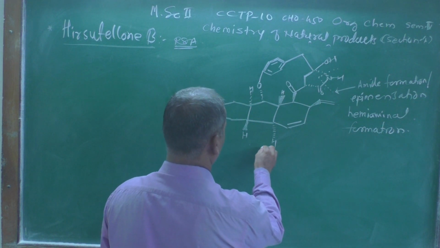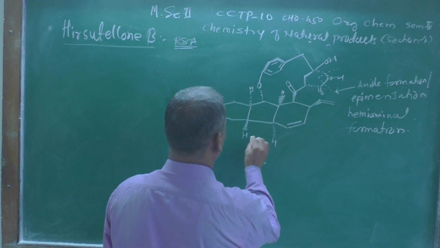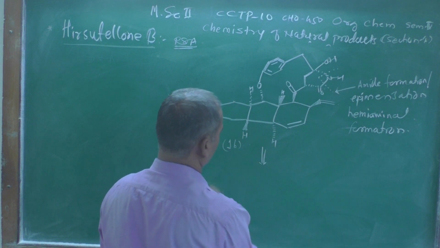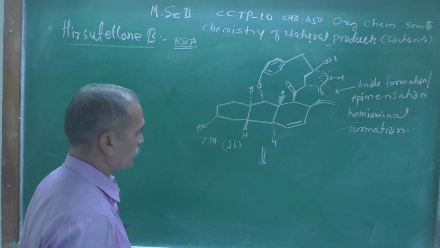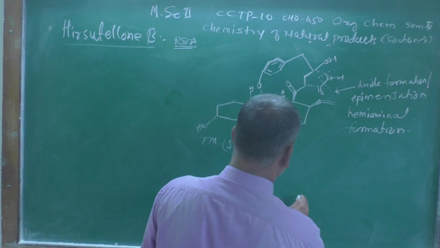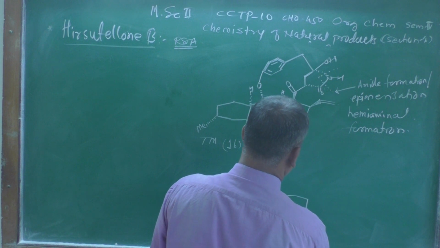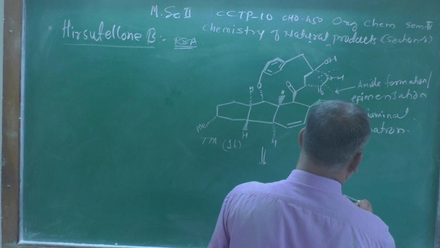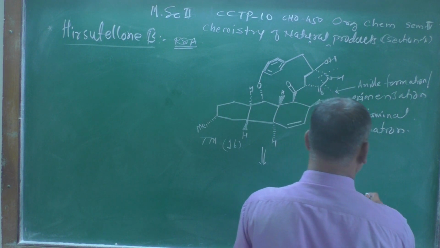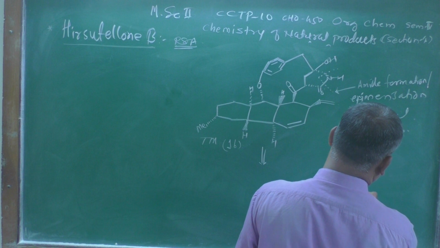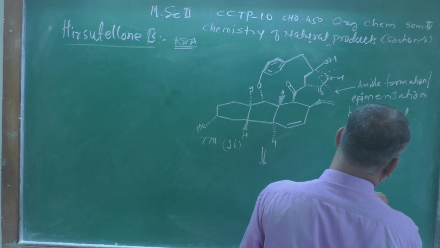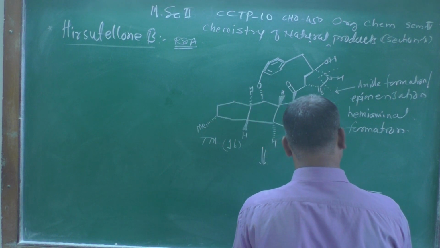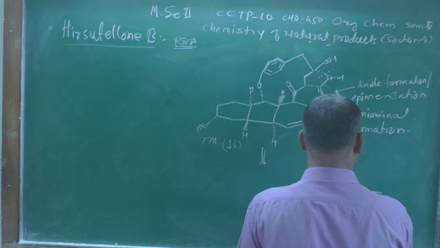What do you get? This is compound number 1, which we can call A, and here we are going to get a second compound. Second compound I am representing here. Let's see. Here is a 5-membered ring fused with the 6-membered ring. Other stereochemical groups I am representing as they are.